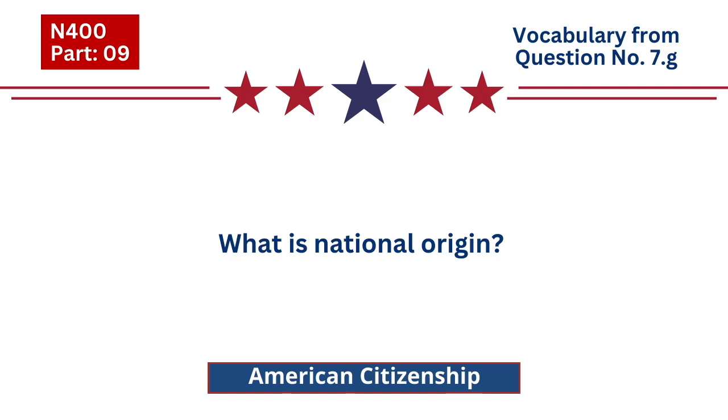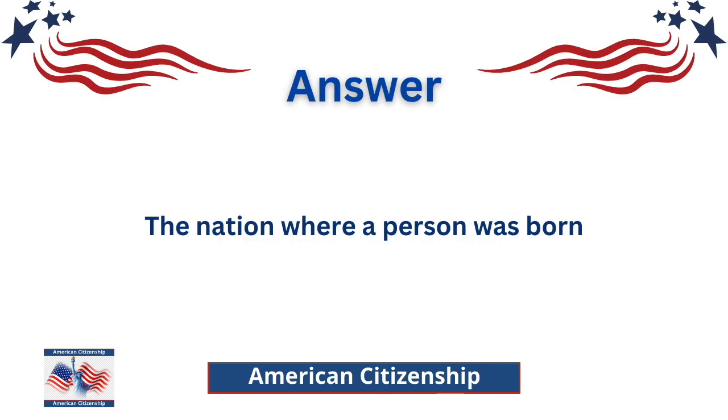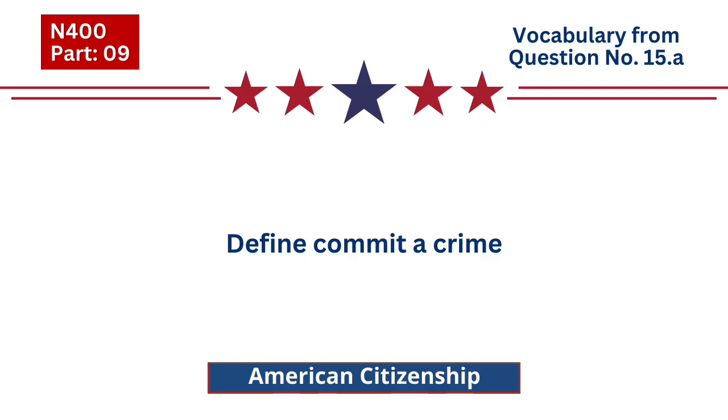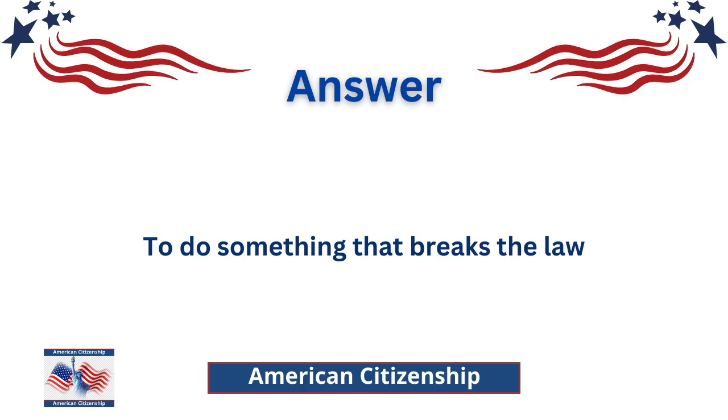What is national origin? The nation where a person was born. Define commit a crime. To do something that breaks the law.